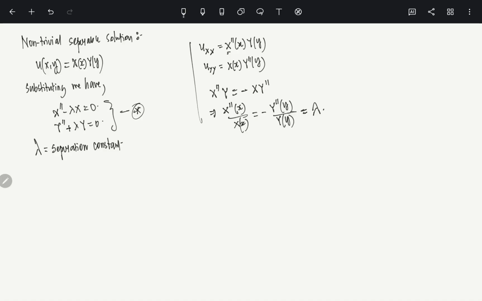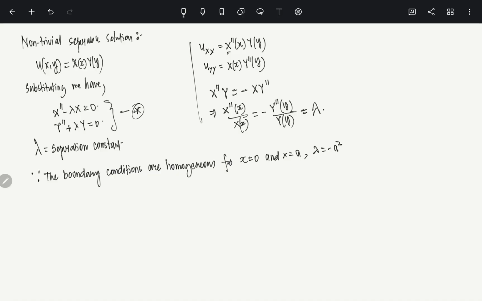Since the boundary conditions are homogeneous for x equals 0 and x equals a, we choose lambda equals minus alpha square, where alpha is positive.